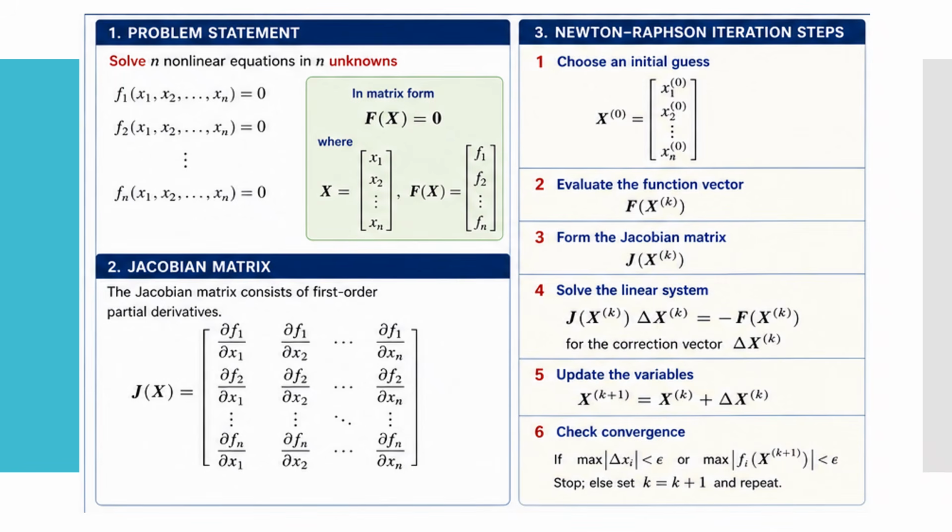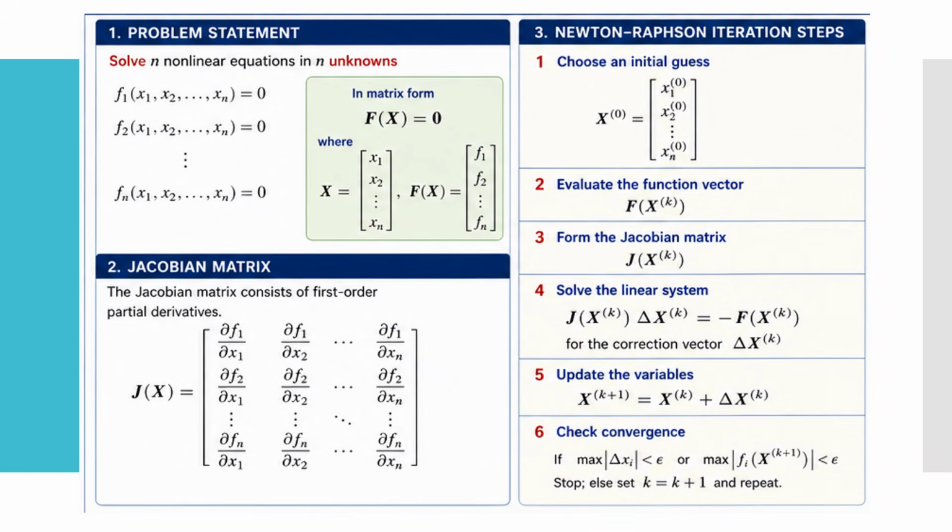In this case, we'll have any number of functions, for example f1, f2 up to fn equal to 0. So we'll put the functions into matrix form. We have a variable vector x which represents x1, x2 up to xn, whereas f(x) can also represent these different functions.